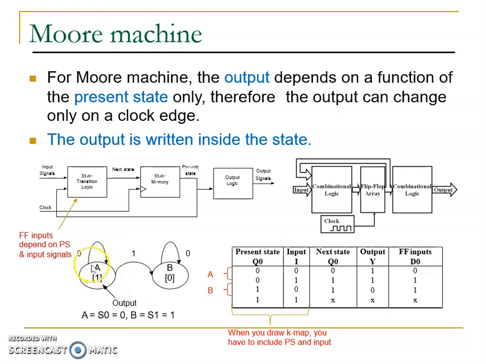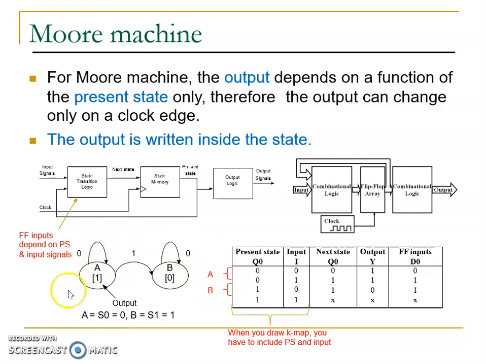For the Moore model, the input will be located outside the state. This is the state, this is the output, this is the input, sorry, this is the input, and this is the output. So the output is located inside the state for the Moore model, and then the input is on the transition, this one.